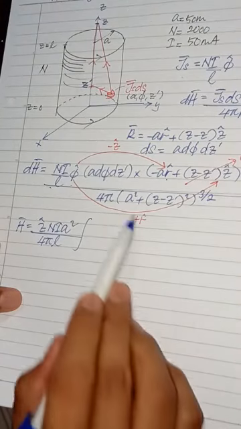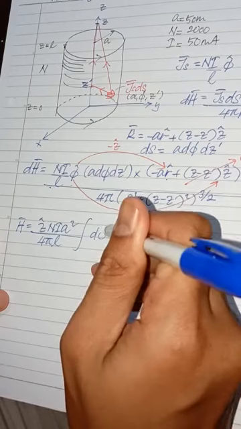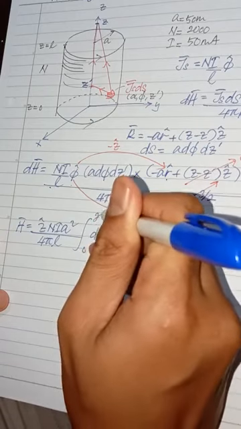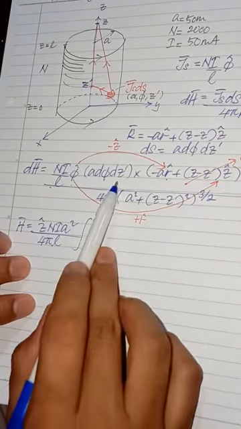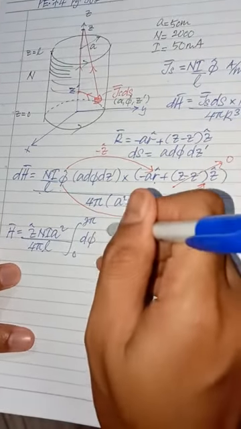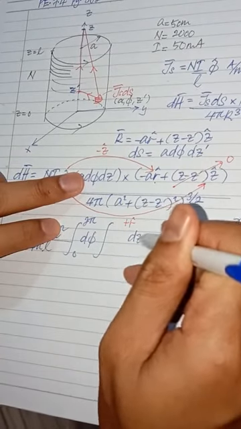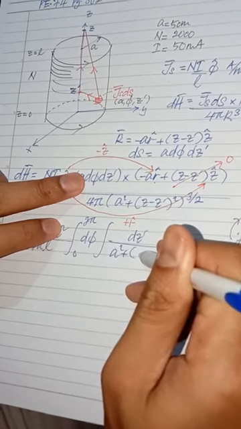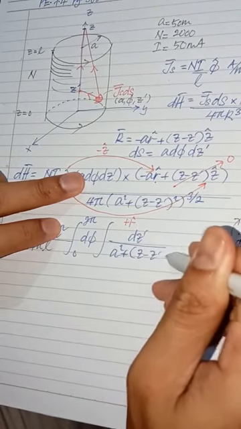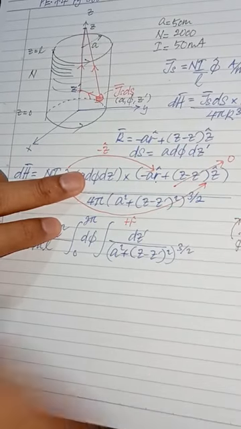For the first integration, we refer to this phi component, so d phi from 0 to 2 pi. For the second integration, we refer to dz prime, so here dz prime over a squared plus z minus z prime squared to the power 3 over 2.